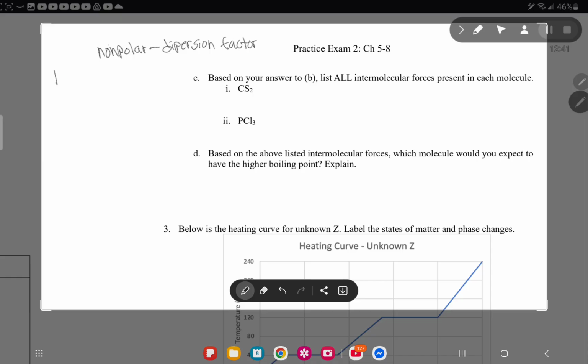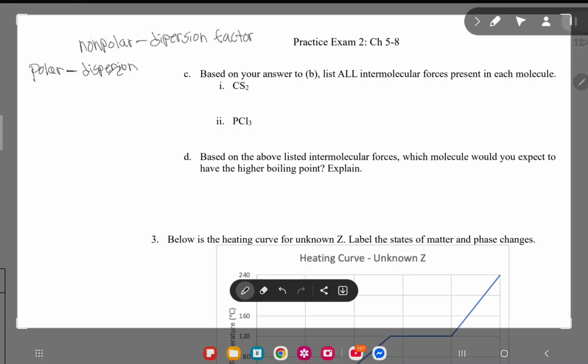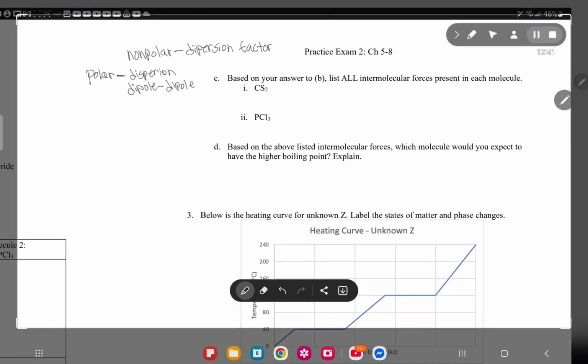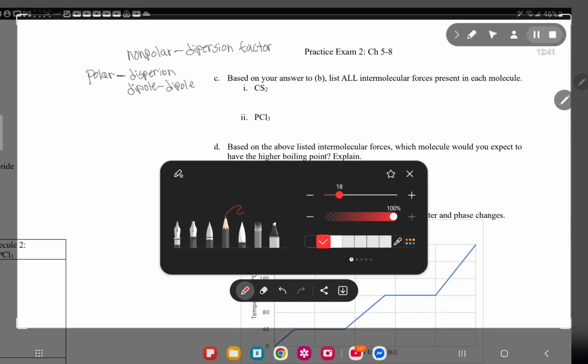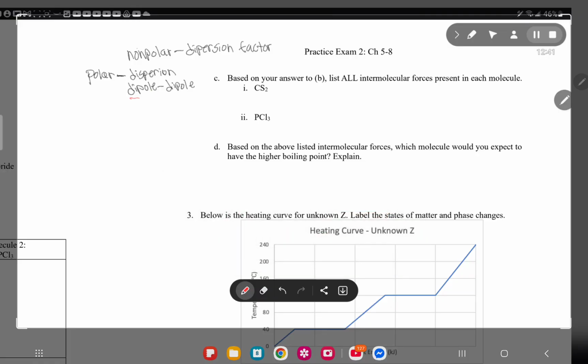But we know all polar molecules have dispersion and their dipole as their strongest, right? That is going to be the strongest intermolecular force.